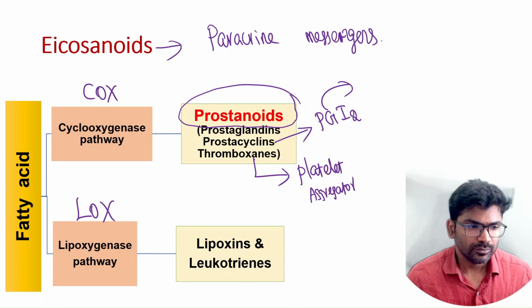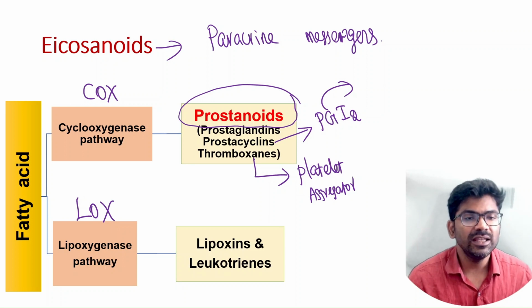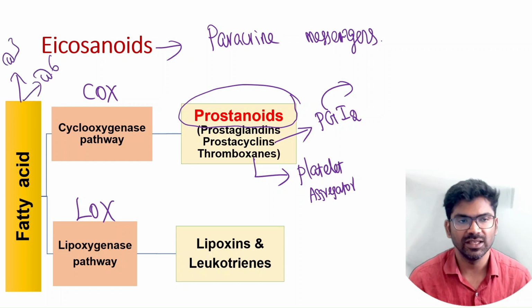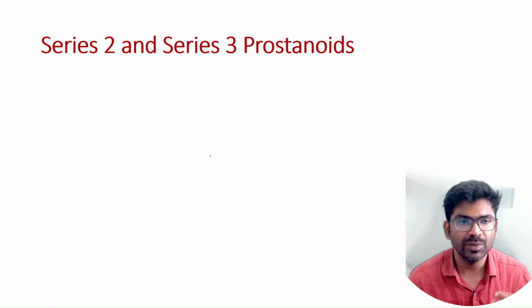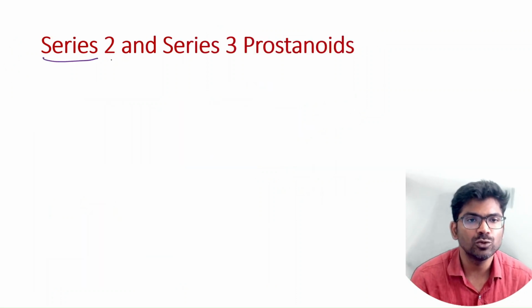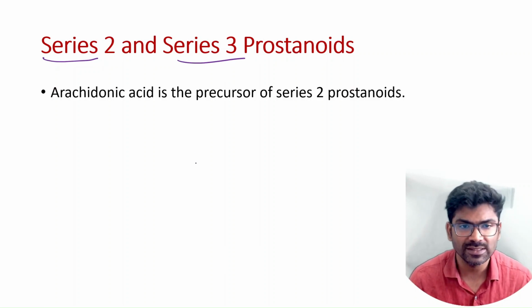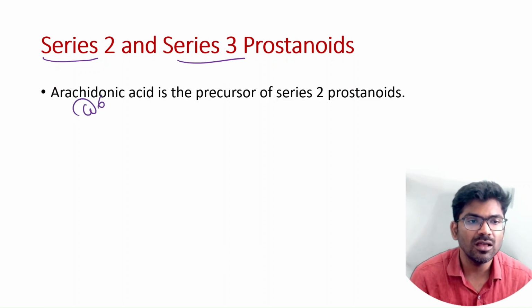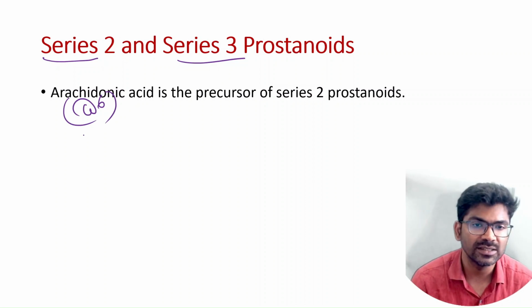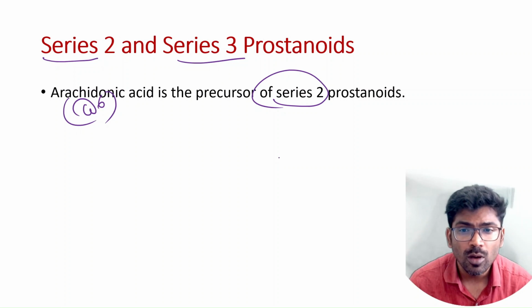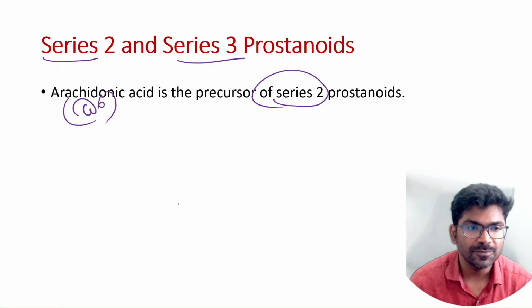So what is this fatty acid? This fatty acid can be an omega 3 fatty acid or an omega 6 fatty acid, right? So based on that, we have series 2 prostanoids and series 3 prostanoids. Arachidonic acid, which is an omega 6 fatty acid, is the precursor of series 2 prostanoids, right?